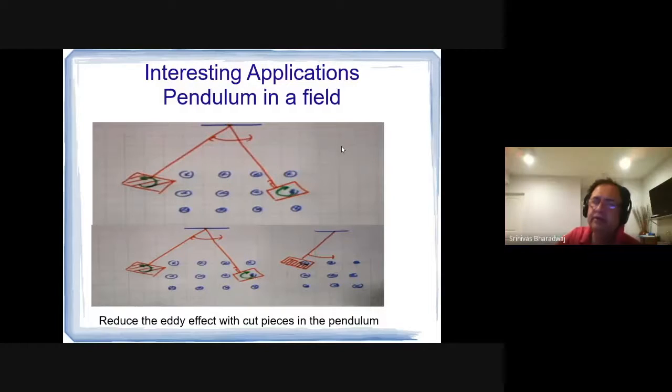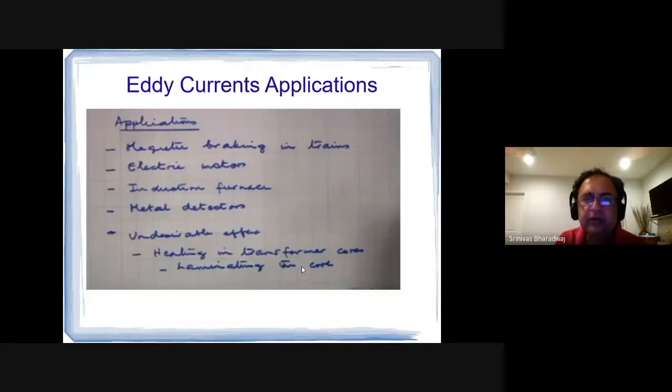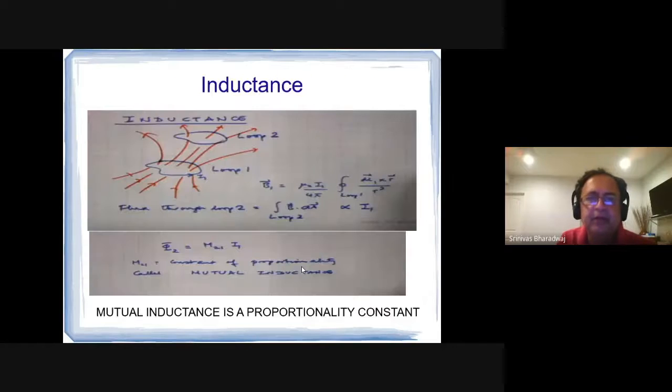To reduce the effect of eddy currents, they also created a sawtoothed pendulum in a moving magnetic field. Eddy currents are used in braking in trains and induction furnaces, and heating is undesirable in transformers.